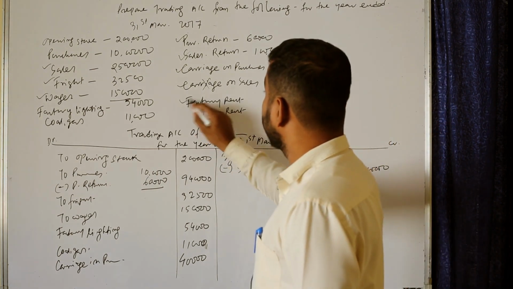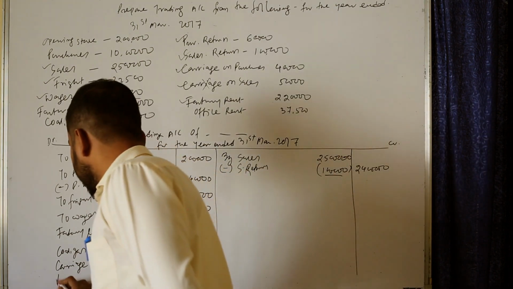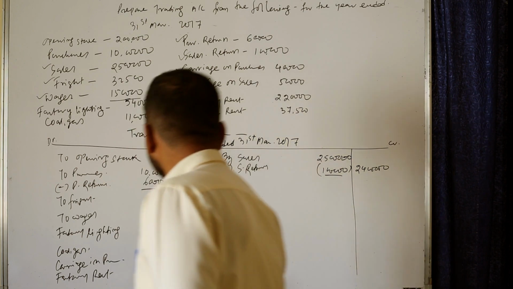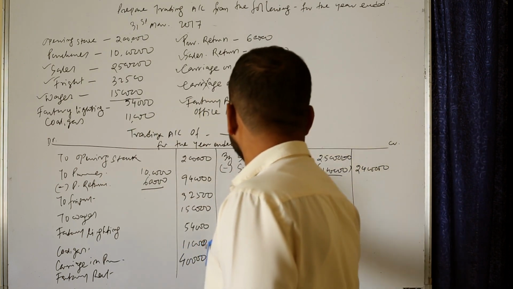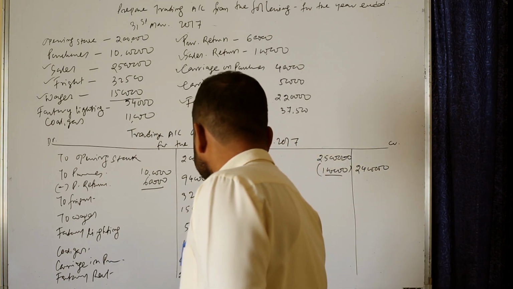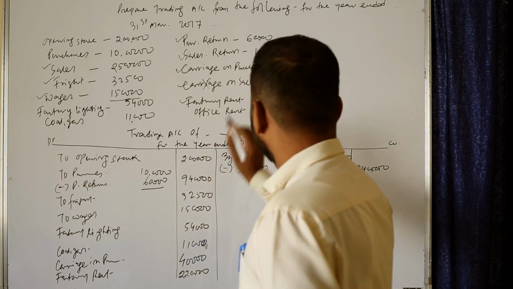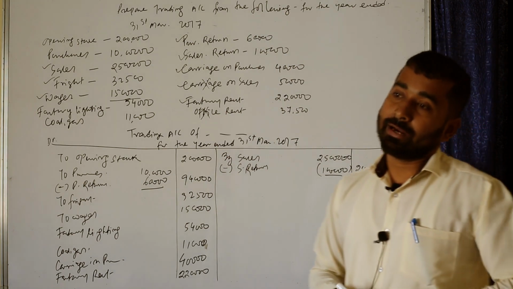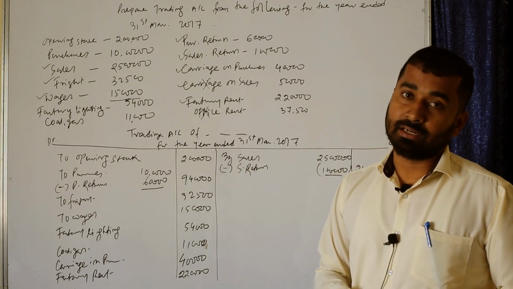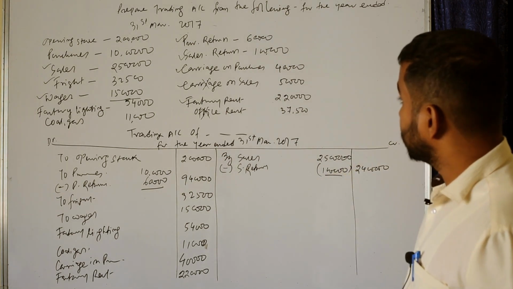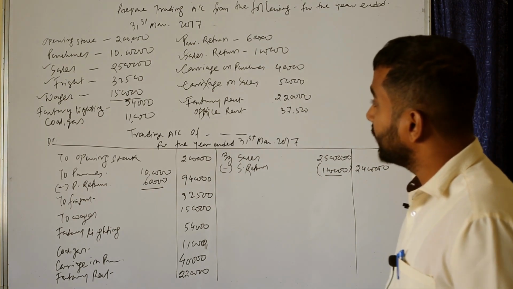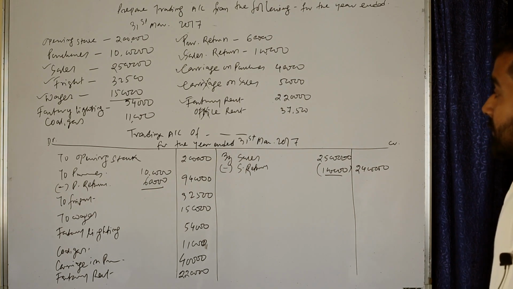Next one is factory rent. Obviously a factory expense. Factory rent, how much is there? 2,20,000. Office rent is an indirect expense, so we should not consider that one. Now as per this information, another piece of information is lacking here, that is the closing stock.